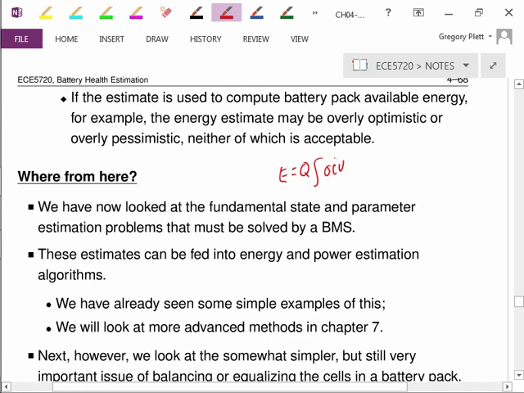So my energy estimate might be overly optimistic, which means I'm going to run out of charge and pull over on the side of the road before I get to my destination. Or it could be overly pessimistic, which means that I get really worried if I'm going to make it to my destination or not, when in fact I shouldn't be worried at all. I'll make it just fine. Neither one of these is acceptable.